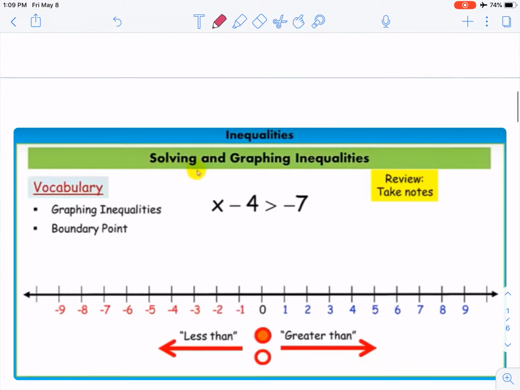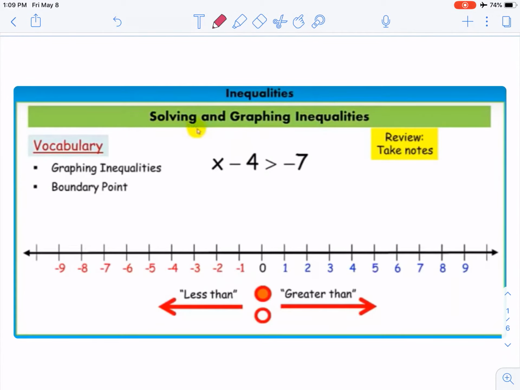Next, we're going to see inequalities that start to look like this. They look like the equations that we were solving earlier in the year. So this says x minus 4 is greater than negative 7. I can't graph this as it is because there's another term stuck with the x. It says x minus 4, not just x. So just like we used to, we're going to isolate our variable.